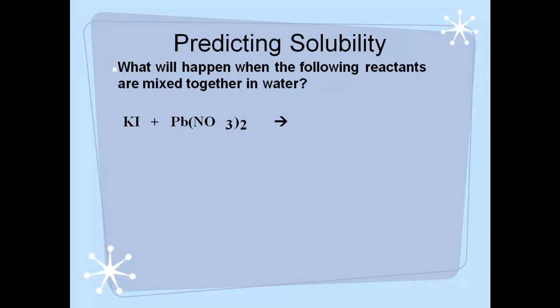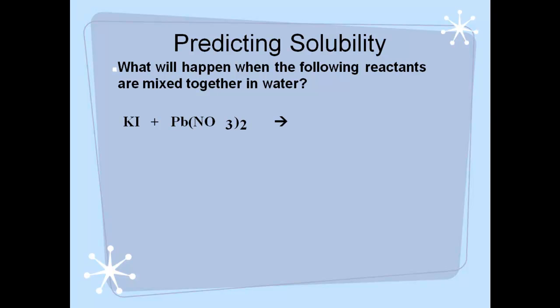What will happen when the following reactants are mixed together in water? So we have potassium iodide and we have lead(II) nitrate. If you take a look, potassium will be +1, iodide will be -1. You'll have lead(II), which is a +2, and you'll have nitrate, which is a -1. If you notice that you are dealing with 2 ionic compounds, it means that it is a double replacement.